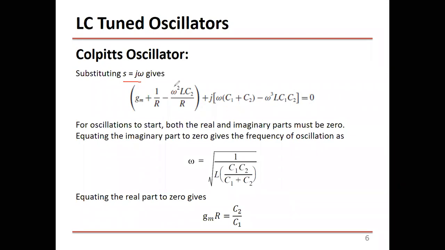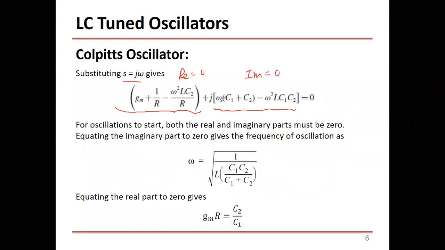So if you replace s with j omega in the previous equation and rearrange, you keep the real part on one side and isolate the imaginary part. Then you're going to get this equation. Since this equals 0, that means the real part equals 0 and the imaginary part also equals 0.